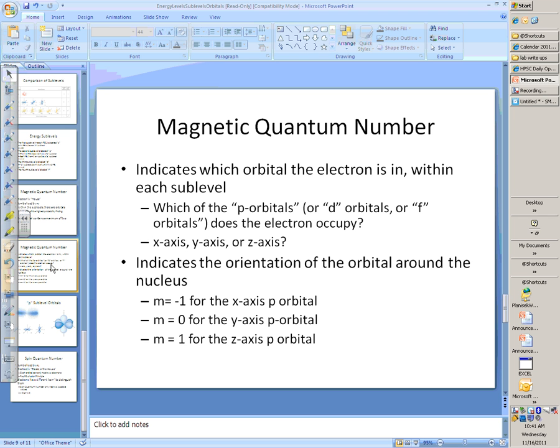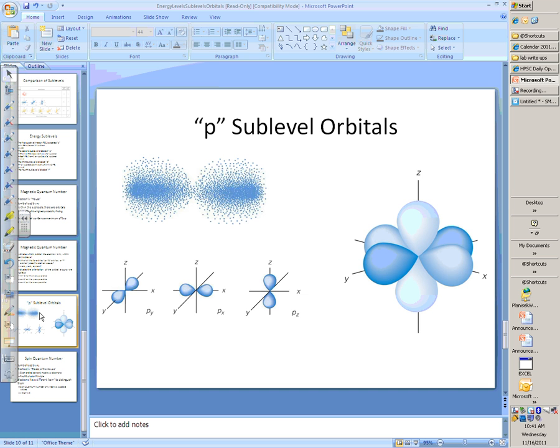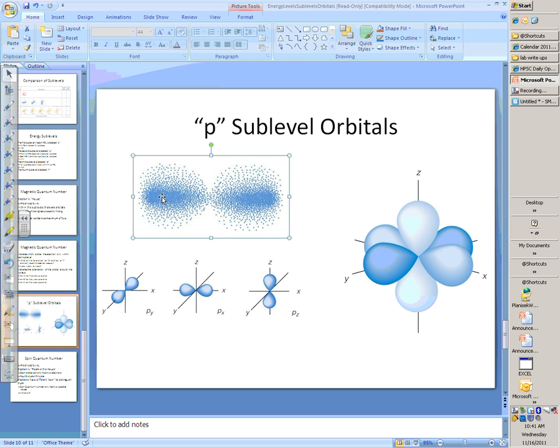Each orbital contains a maximum of 2 electrons. All right, you got this down? No. This is all one p orbital.